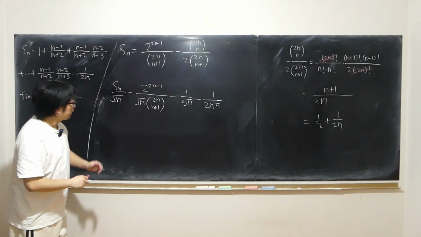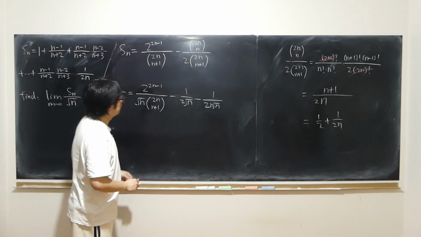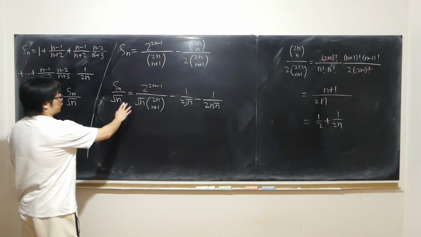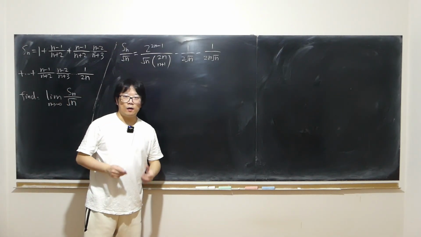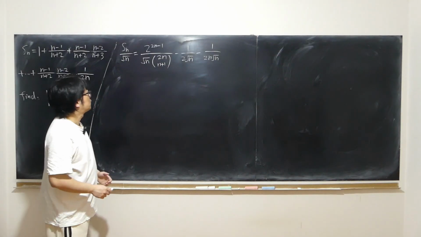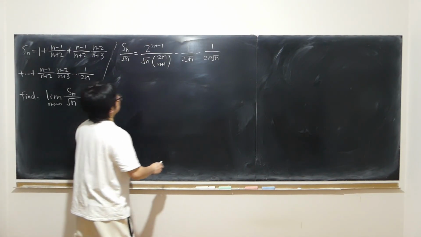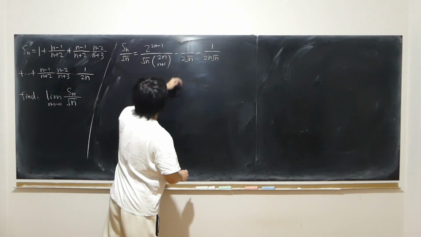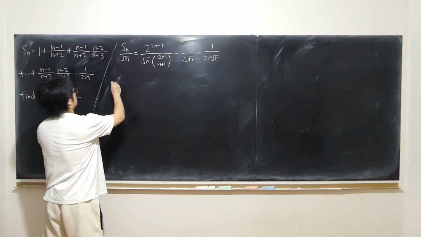When n approaches infinity, these two terms will be gone. All we have to do is focus on this one. Hopefully it'll have a limit. From now on it's just pure calculation; we've already done the crucial step. So only focus on this term.